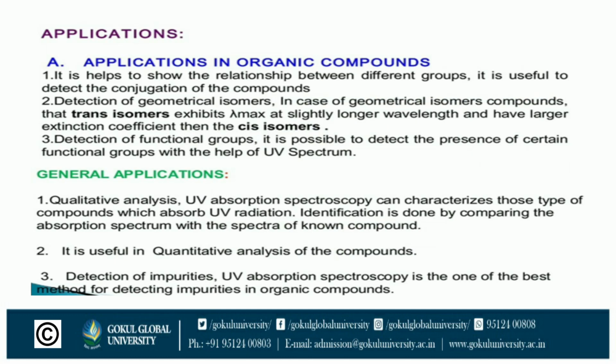It means it helps show the relation between different groups, like two groups connected with each other, where some groups have a diene system and some groups do not. Then we detect the diene system by UV spectroscopy, so we can define which group contains a diene system and which does not.